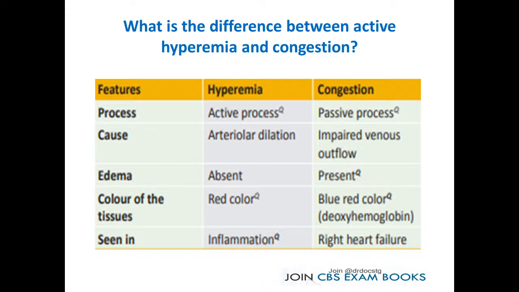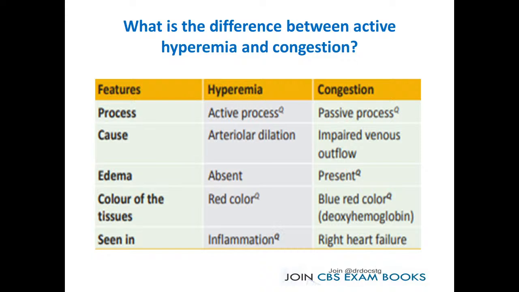Hyperemic tissues are warm. In contrast, congestion is a passive hyperemia, resulting from stagnation of blood in the capillaries caused by impeded outflow of blood at the venous end.